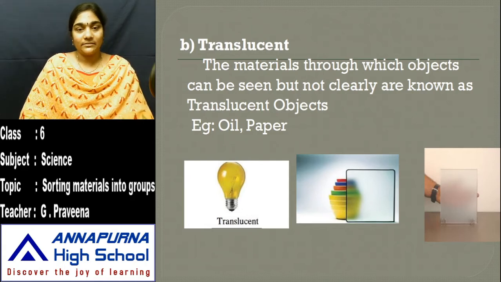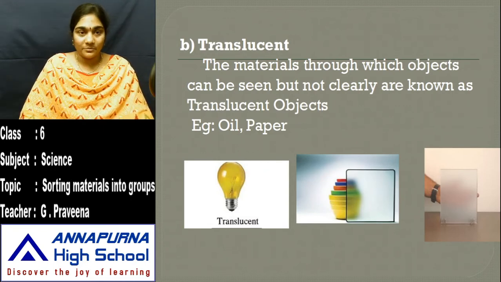Just do one thing, try to take an oily paper and keep it in front of your face and see whether you can see any material through it. We can see the material, but it is not clearly visible. So the materials can be seen through that paper, but they are not clear.